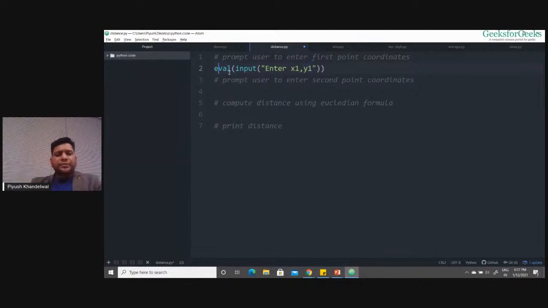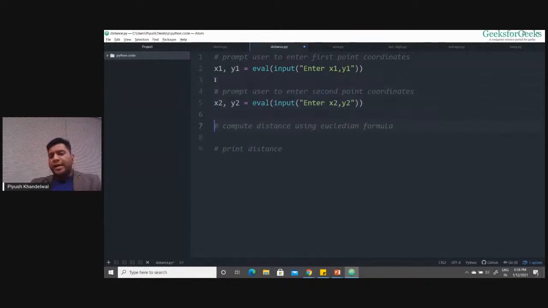Then I have to store these values in variables, suppose x1 comma y1. Because the user will enter 2 values separated by comma, I need to have 2 variables on the left hand side separated by comma. Similarly, we will ask the user to input the second point coordinate. So we write x2, y2, new variables, and we will ask the user to enter x2 comma y2. Right?